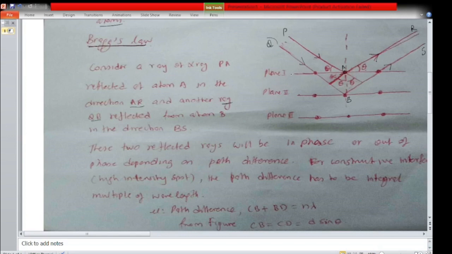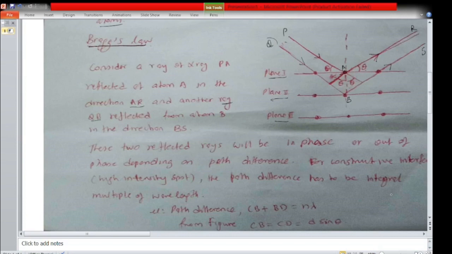And what are these lines? These lines are planes: plane 1, plane 2, plane 3. These are planes of the crystal. When you consider a crystal, there are a lot of planes inside it, and from those planes these X-rays will be reflected, and these reflected X-rays interact and form the pattern.